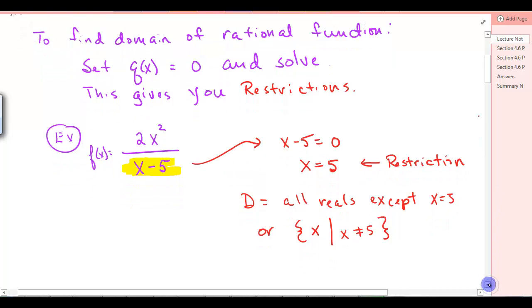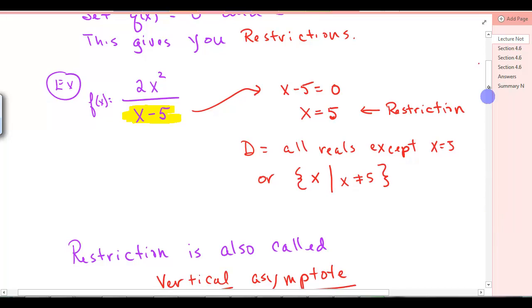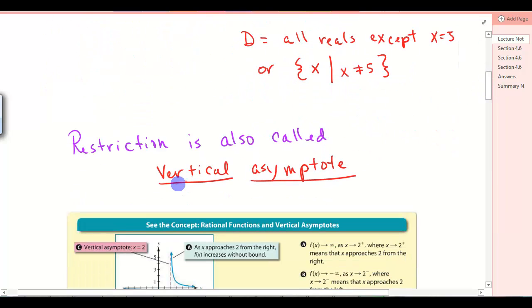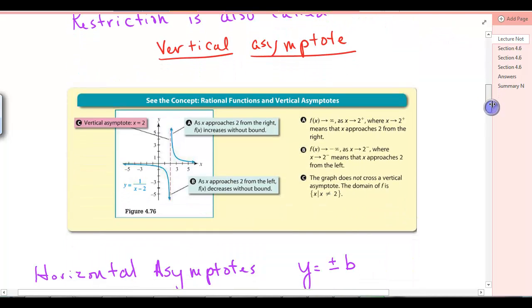All right. The restriction is also called the vertical asymptote. It's a boundary, and it cannot be crossed. It's like it's set in stone. So let's look at the concept of it. Here's our actual rational function.